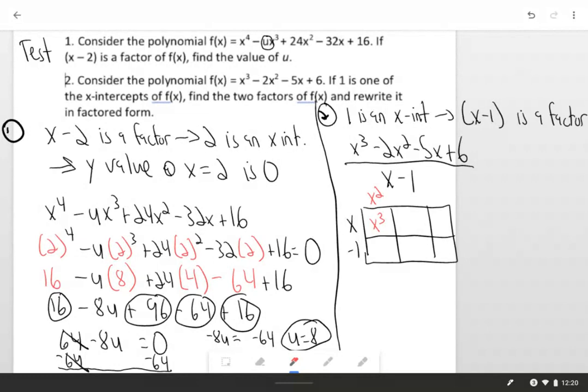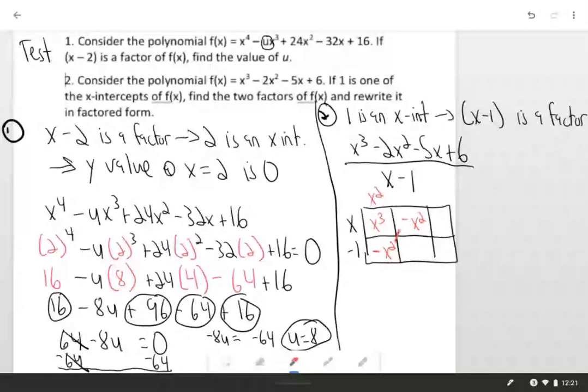Negative 1 times x squared is going to be negative 1x squared. Okay, so then I look here. I need to have negative 2x squared. So in order to make that happen, I need to have negative 1x squared here. Negative 1 and negative 1x squared becomes negative 2x squared.